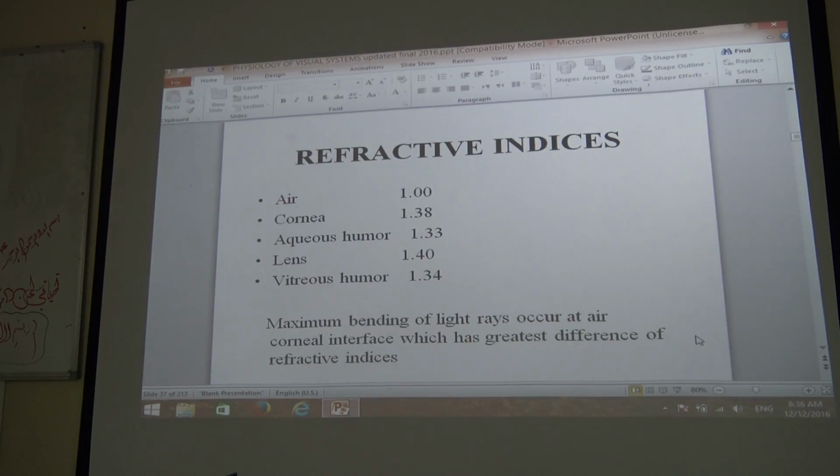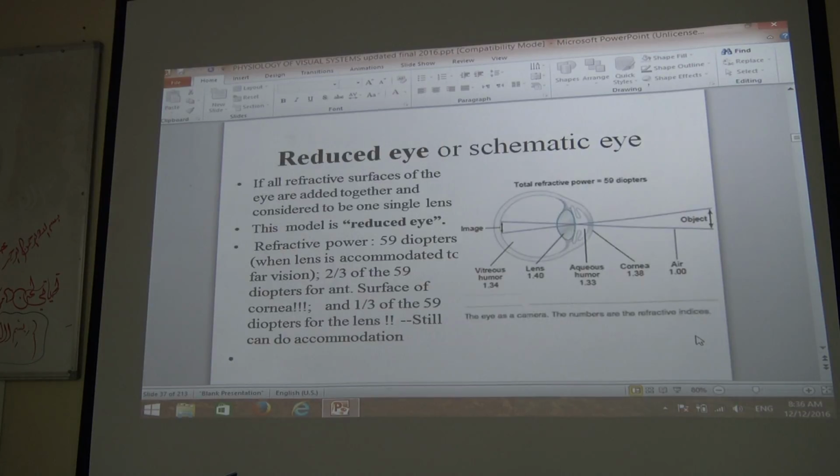We have what's called the reduced eye. The reduced eye is the sum of the refractive media together, making one refractive optical system.